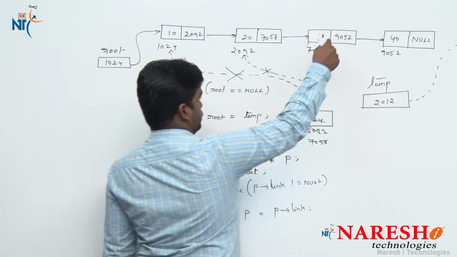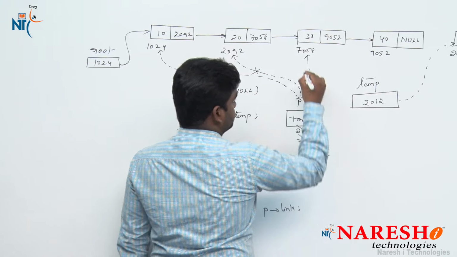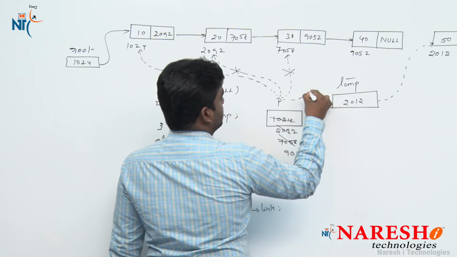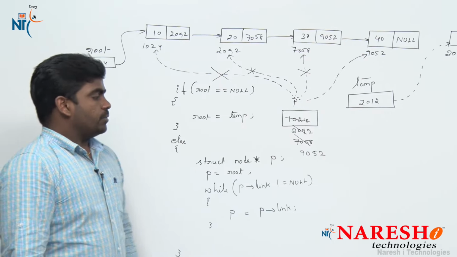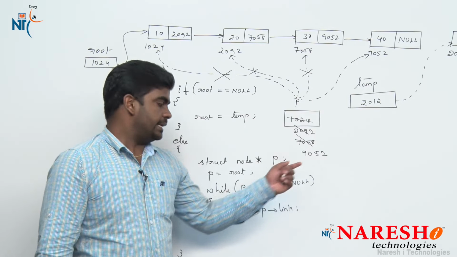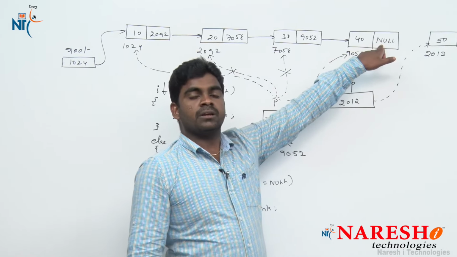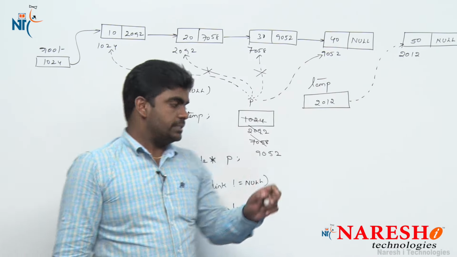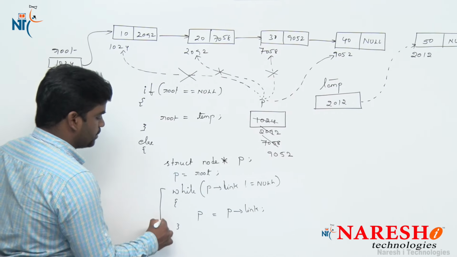Yes, of course, 9058. So that value will be stored. It stops pointing and starts pointing to the last node. Now 9058 to link is null. Null value not equals to null value, condition false. Then the while loop will be terminated.